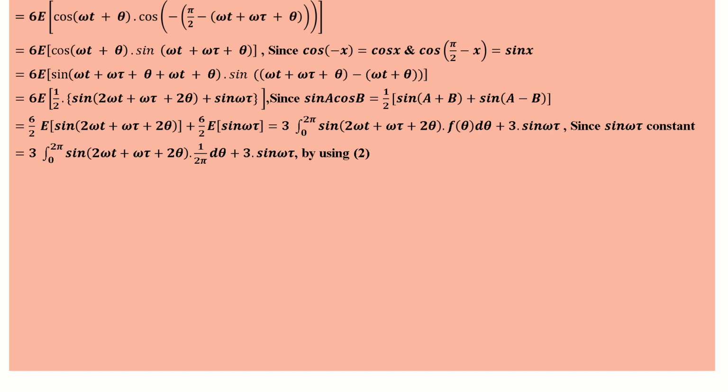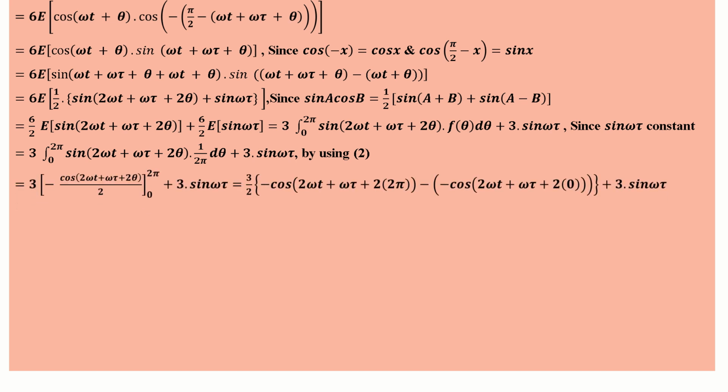Then for the first term we are using the expected value formula for a continuous random variable. So 3 times the integral from 0 to 2π of sin(2ωt + ωτ + 2θ) into f of θ. F of θ is nothing but 1 by 2π. We are substituting that value and taking the integration as we saw before, right?